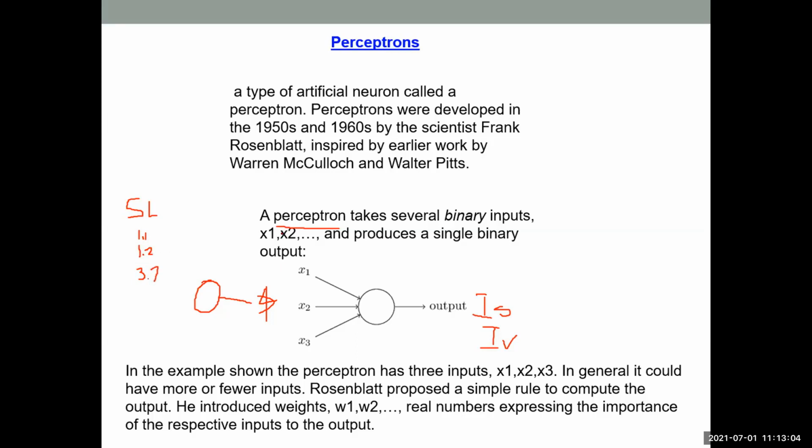But they were working on a simpler project then. They were just saying, okay, suppose we can only put zeros and ones in here, not all kinds of numbers, right? They're just beginning. So they started out with a simple case where you can only put zeros and ones. So it takes several binary inputs, and produces a single binary output.